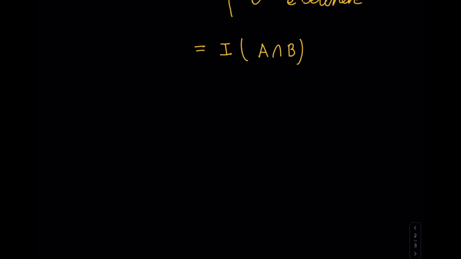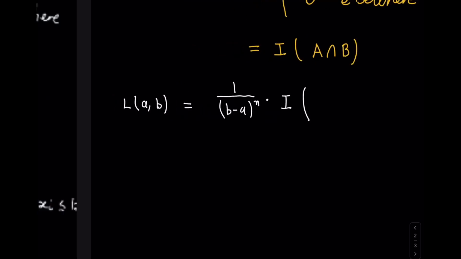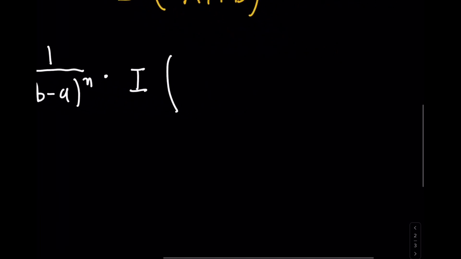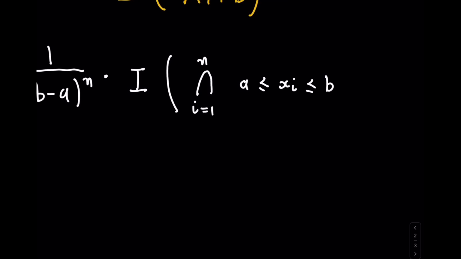This means L(A,B) is equal to, again, that (1/(B−A))^n at the front, but we're multiplying this now by an indicator function, using the simplified terminology: the intersection for i equals 1 to n of x_i in [A, B]. And those are the possible sets.